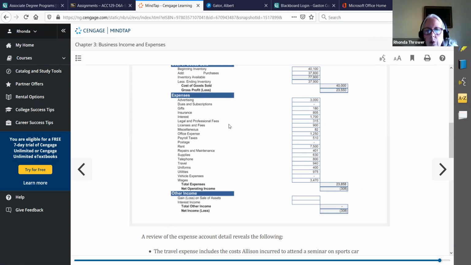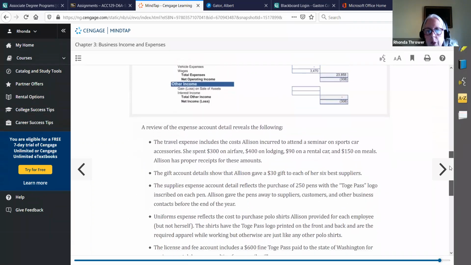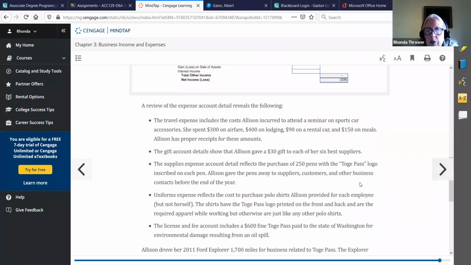So right here where we got license and fees, it says 900, but you have to back out the 600 to leave you with what was deductible for license. That 600 was this fine here.